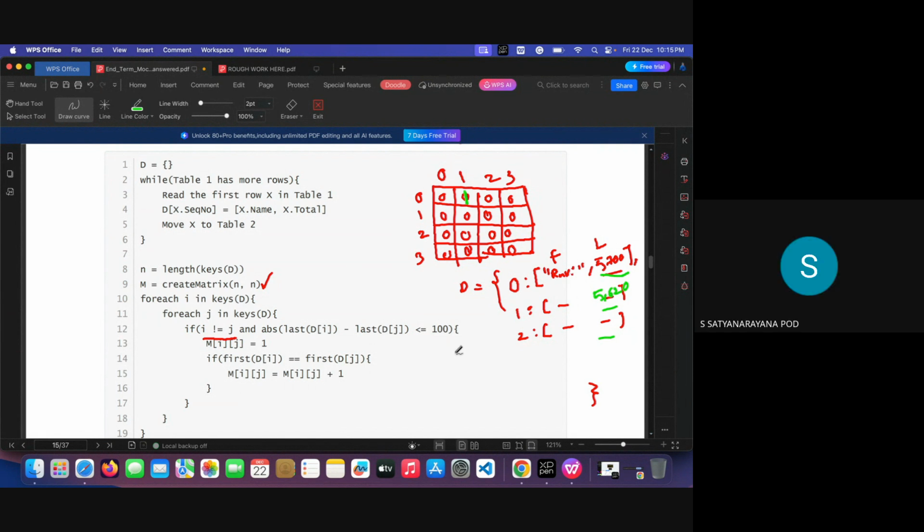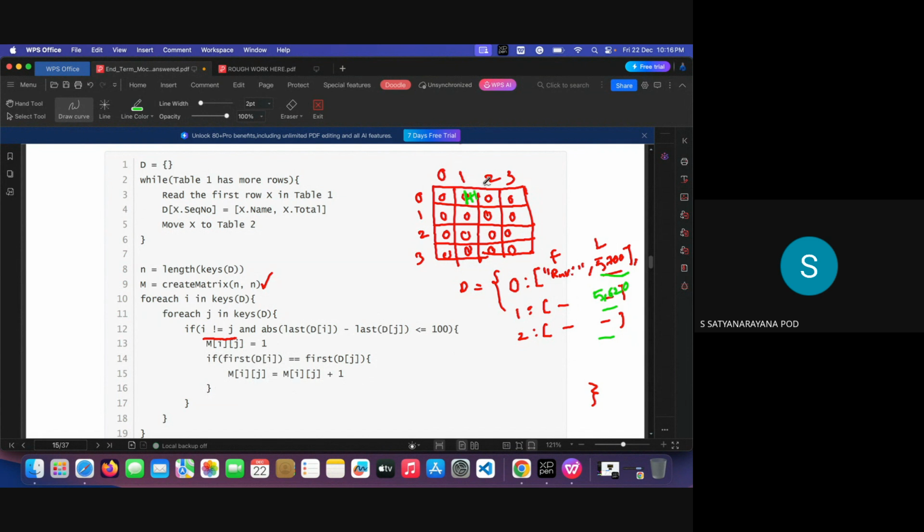So at that time, we try to increase m of ij equal to m of ij plus 1. If this difference is already there, and inside that there is another condition, the same particular customer twice, then you increase it.